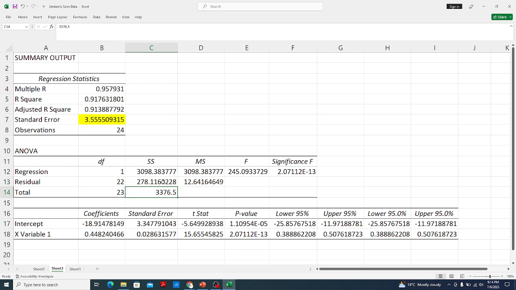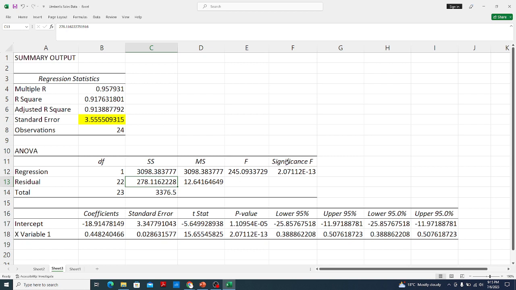The smaller the residual sum of squares, the better your model, because residuals are the vertical deviations. So we can say your model is good.